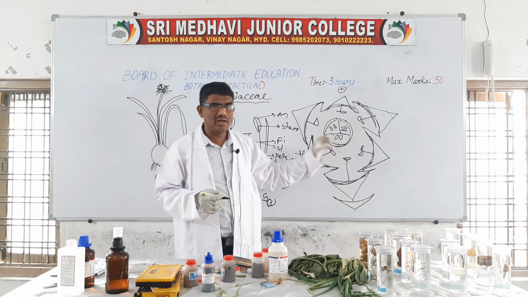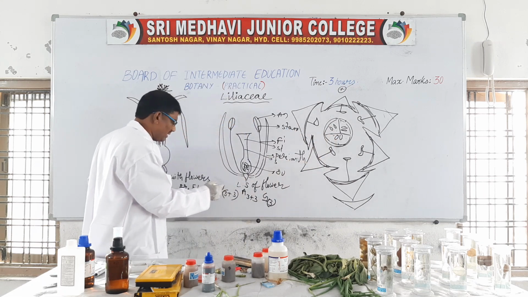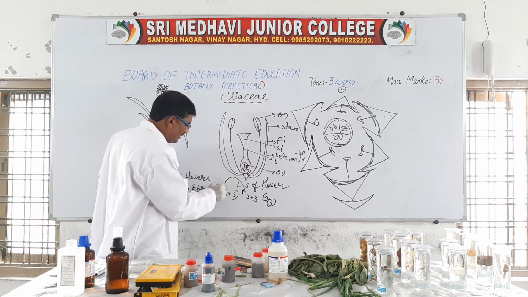Then after that, the carpel. Also important: the stamens are united with the perianth.